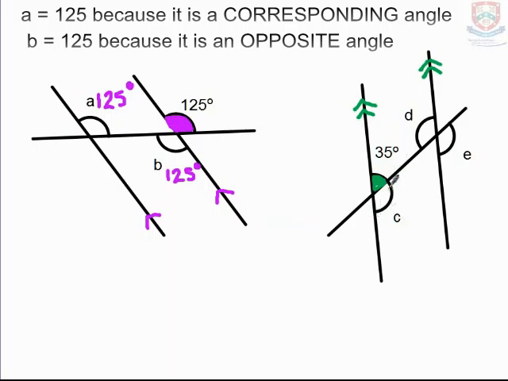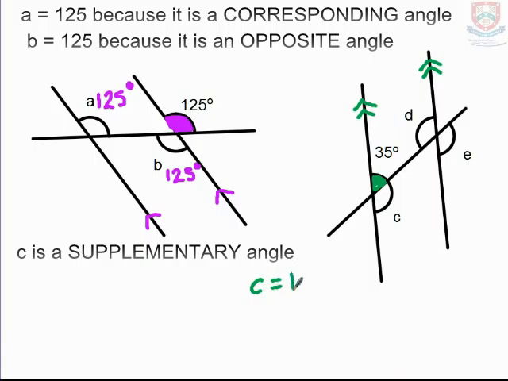But angle C, we can see, is on this straight line, so therefore it's a supplementary angle. So to find out what C is, we know that supplementary angles, or angles on a straight line, add up to 180. So if we take away the 35, whatever is left over must be angle C. So angle C is worth 145 degrees.